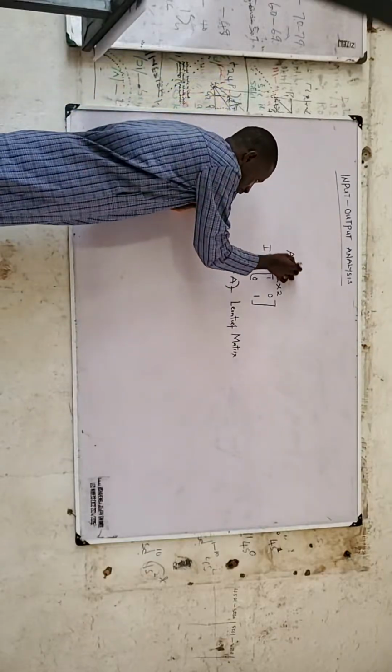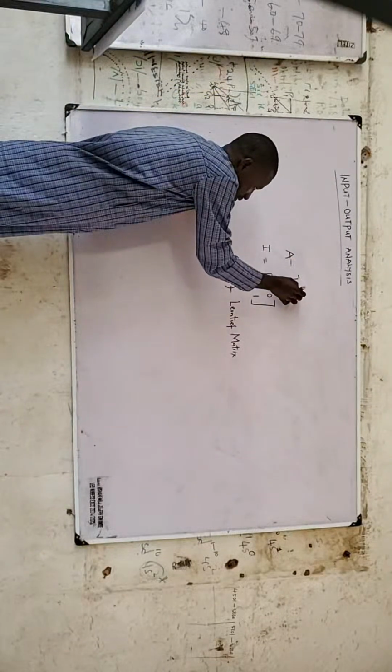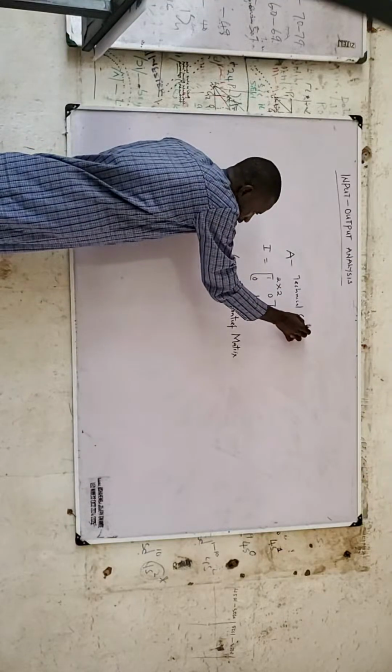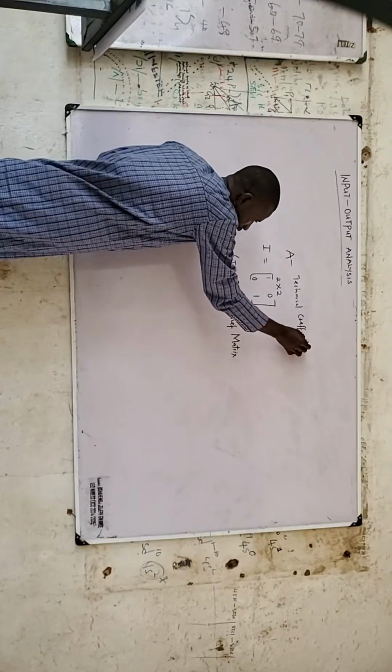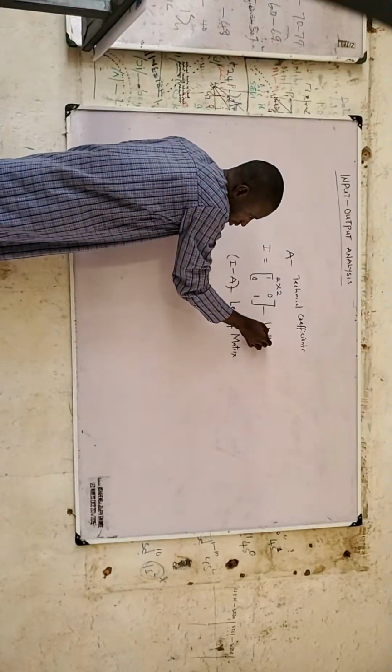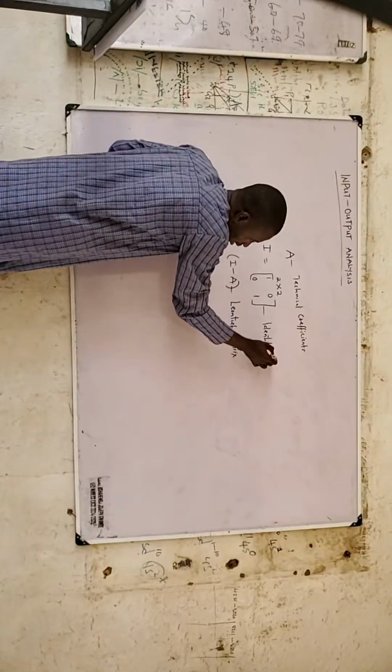This one is the matrix of technical coefficients. Then this one here is the identity matrix.